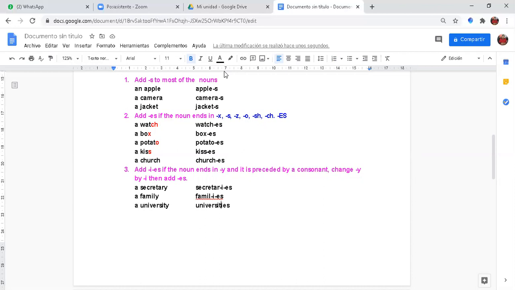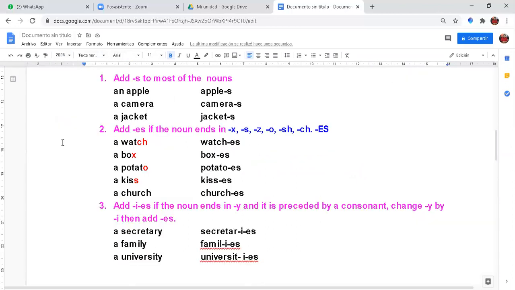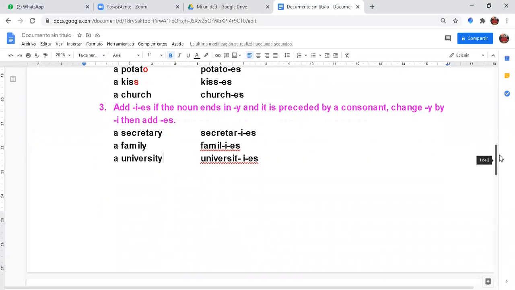Here, in place of Y, we are using I. And after I, okay, secretary, why do we use this?